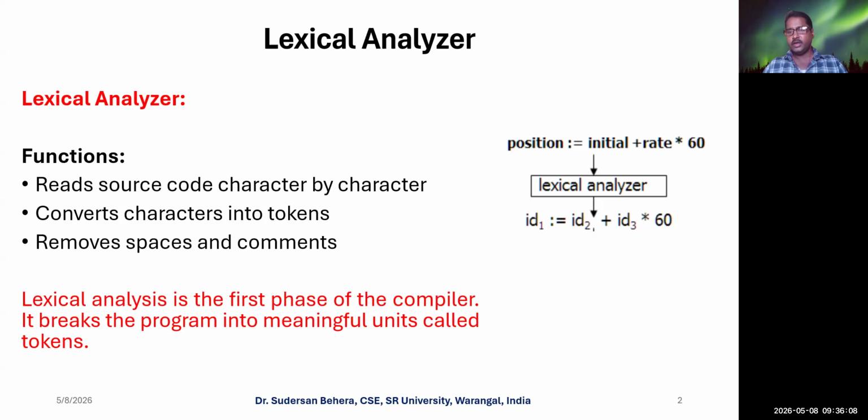These are not executable code, so they are not going to execute. That is why it removes them. For the rest of the code, it identifies the tokens. So lexical analysis is the first phase of the compiler, and it breaks the program into meaningful units called tokens. This is the primary role of lexical analysis.